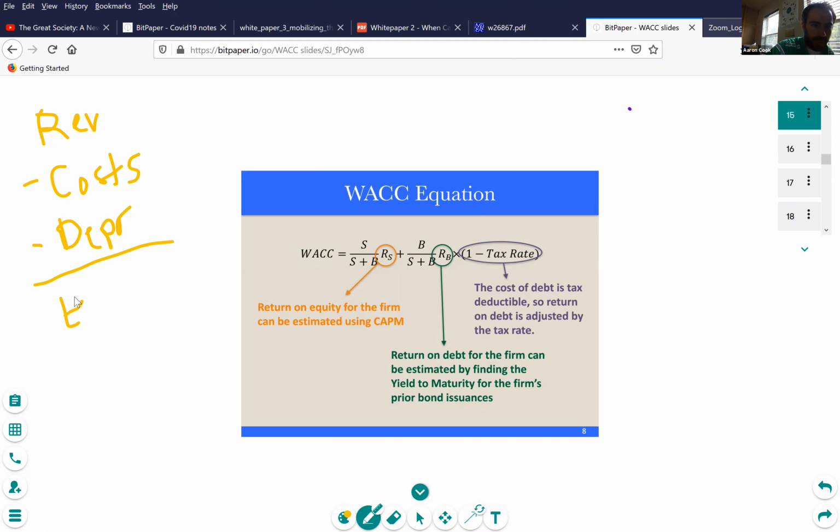That gives us EBIT, earnings before interest and taxes. The next thing that gets subtracted off is interest, and that's taken out before taxes are assessed. So any debt that the firm has on its books, where it's paying interest at regular intervals, is going to act as a tax shield.